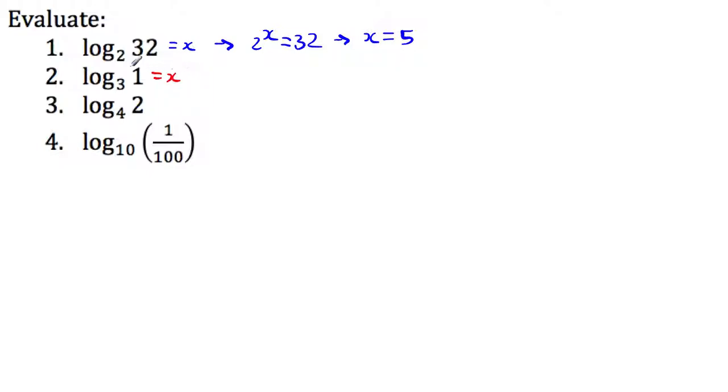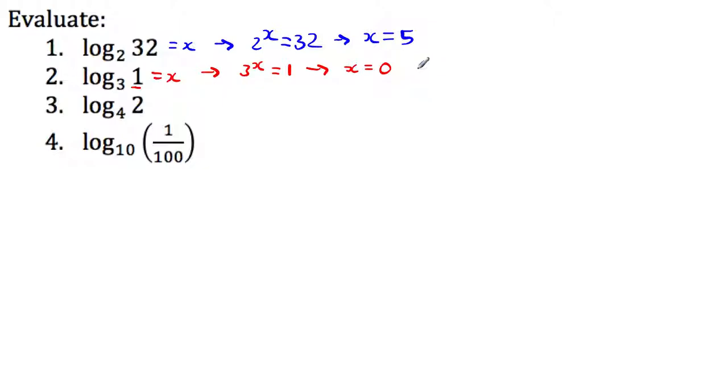If I can say log base 3 of 1 is equal to x, I can rewrite this as 3 to the x power is equal to 1. Well, 3 to the what power would be 1? Well, 3 to the 0. And actually, anything to the 0 power is 1.